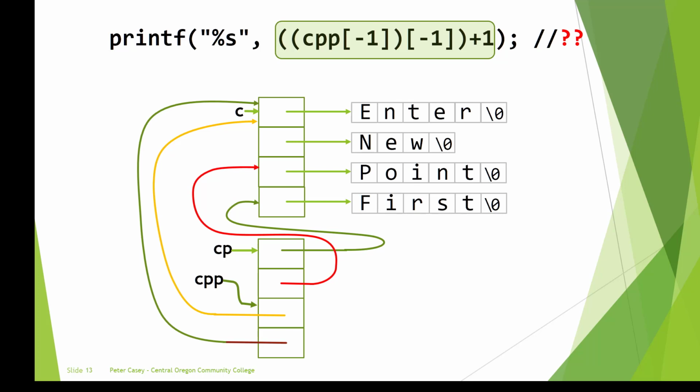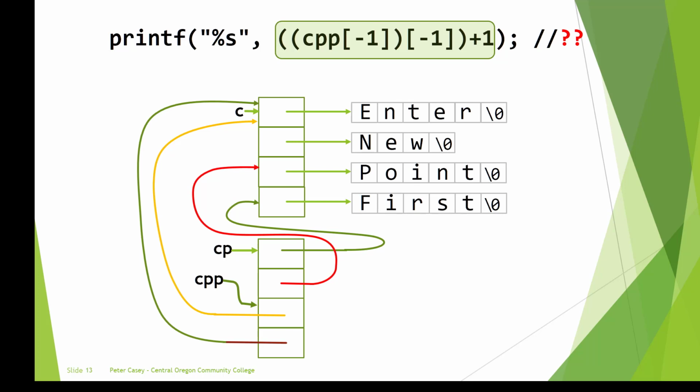So here we have 2 sets of square brackets. All right, so CPP -1, well, you can kind of imagine by looking at where CPP is, -1 takes us to the element with the red arrow. So we go around to the element with the red arrow, and then we have an offset. Again, don't think of that as an index value, of course. It's an offset. It's a -1.